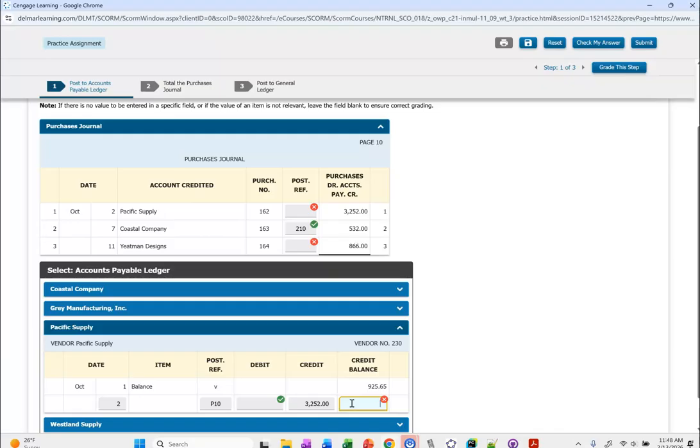And I add that up, 3,252 plus 925.65, 4,177.65. And then we gotta complete our cycle and post reference to our purchases journal, the vendor number, which was 230.